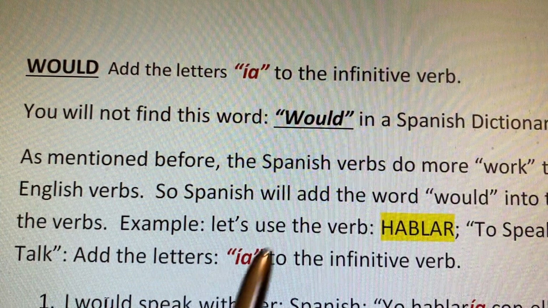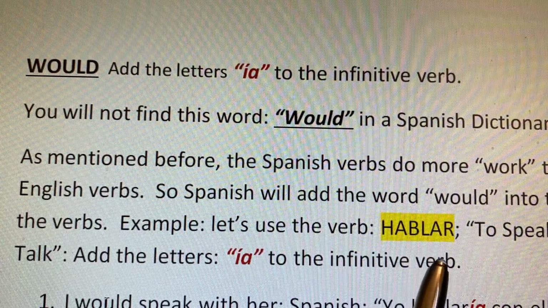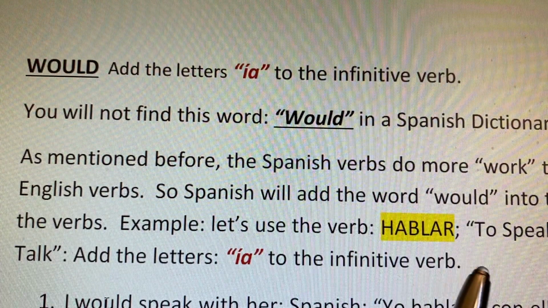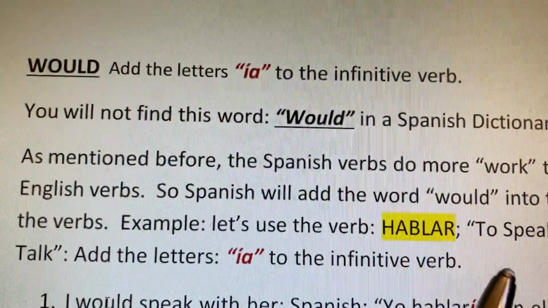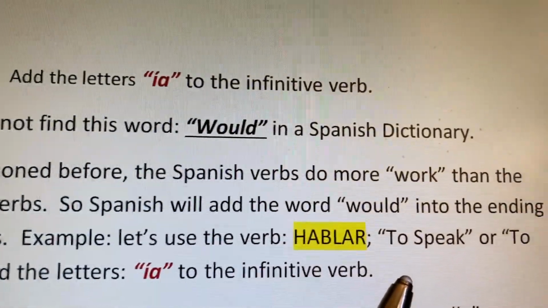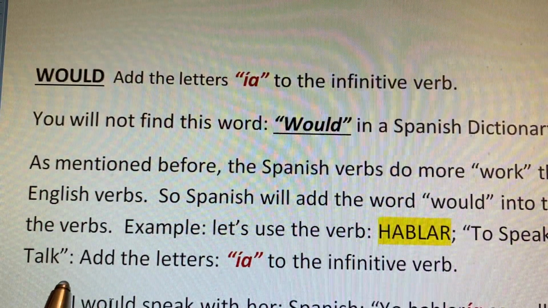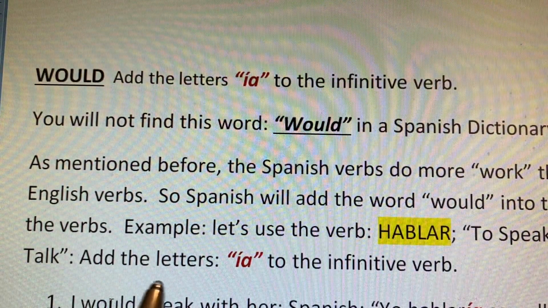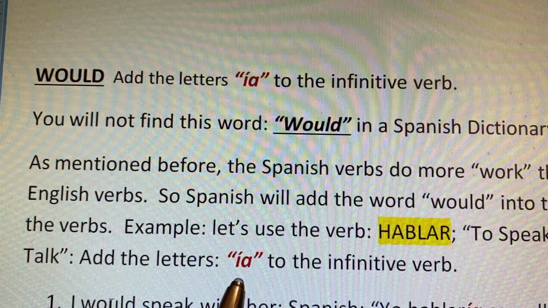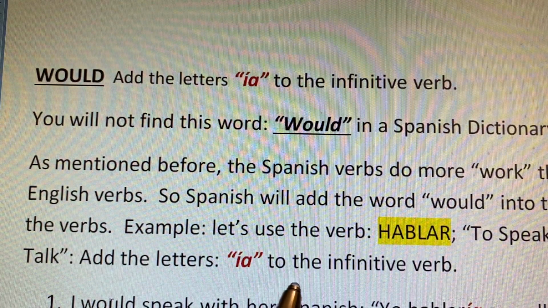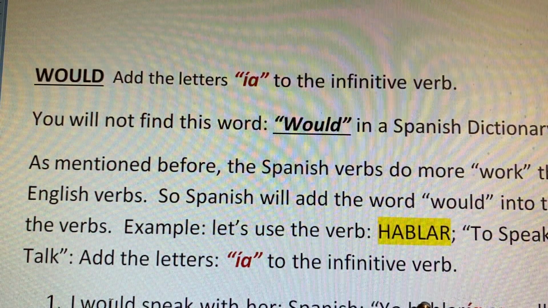Example, let's use the verb hablar, which means what? To speak or to talk. So we're going to add the letters ia to the infinitive verb.